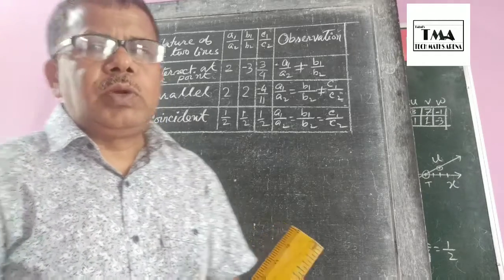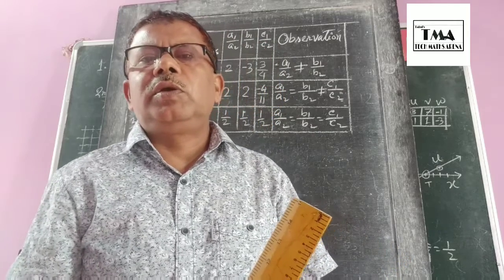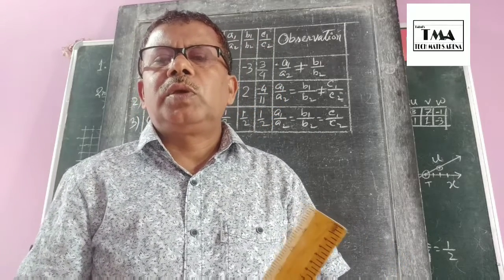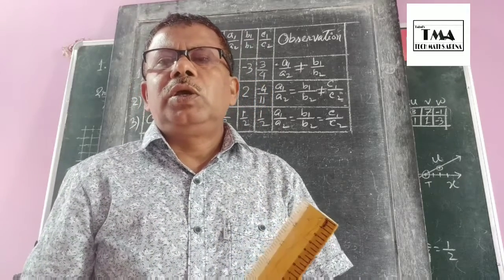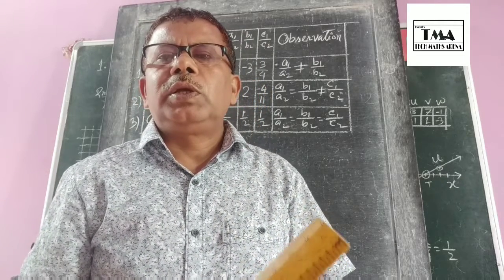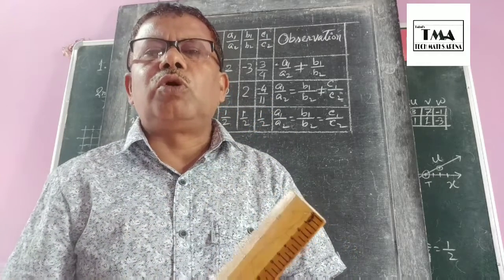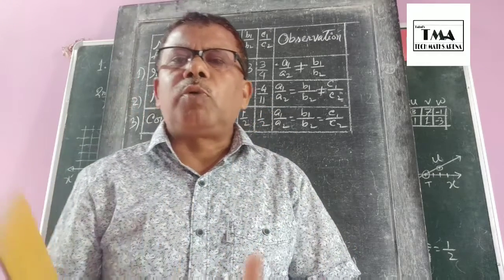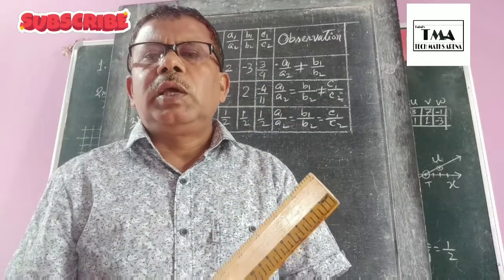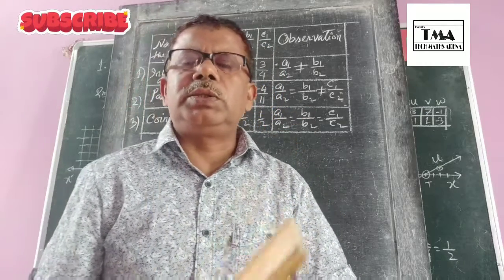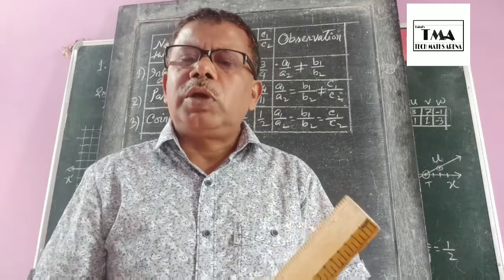Okay, I think you will try to understand this activity, and also I expect that you take another 3 coordinate points and plot them, and you can yourself verify these relations. Okay, thank you to all.